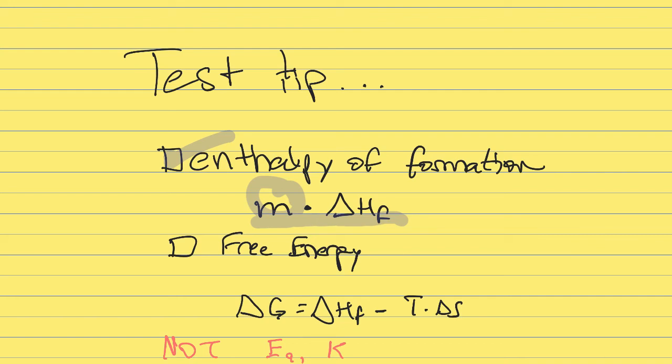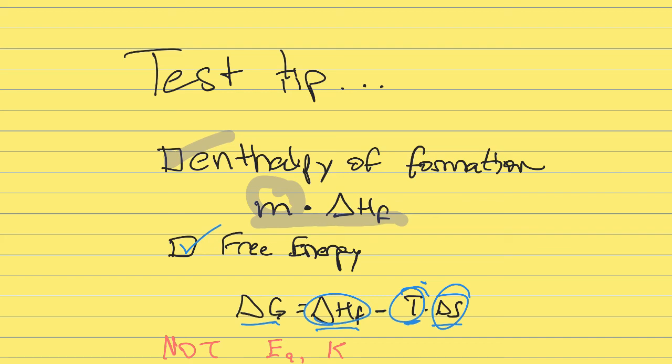The other thing that we do need to know how to do is free energy. Remember this formula, delta G equals delta HF minus the temperature, make sure you have it in Kelvin, times delta S. On the self-test and the PACE test, they have a problem like this, and they give you these numbers, although you have to convert this.